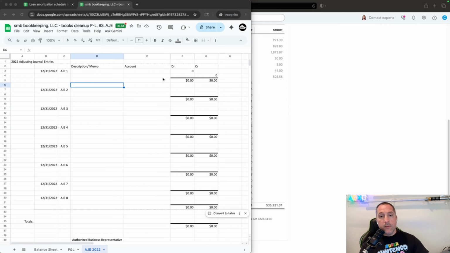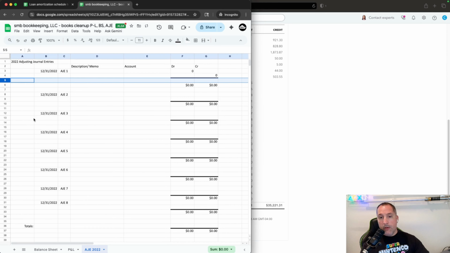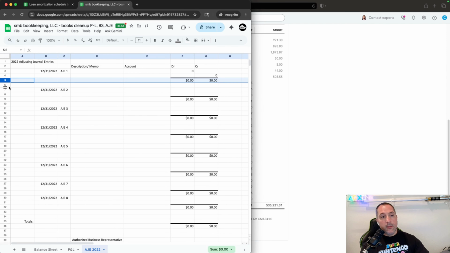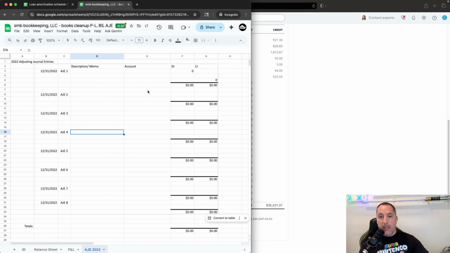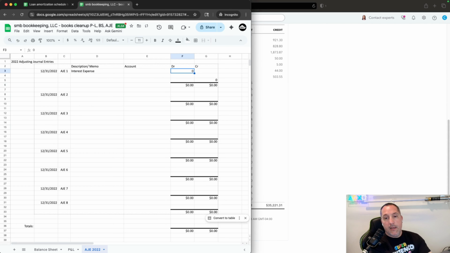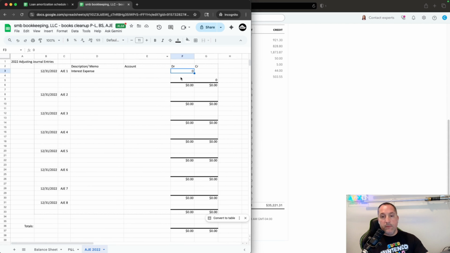So I'm simply going to add a row here, one row above. And then I'm actually going to add the account here. It's going to be interest expense. And the interest expense from the amortization schedule was $79.0825.